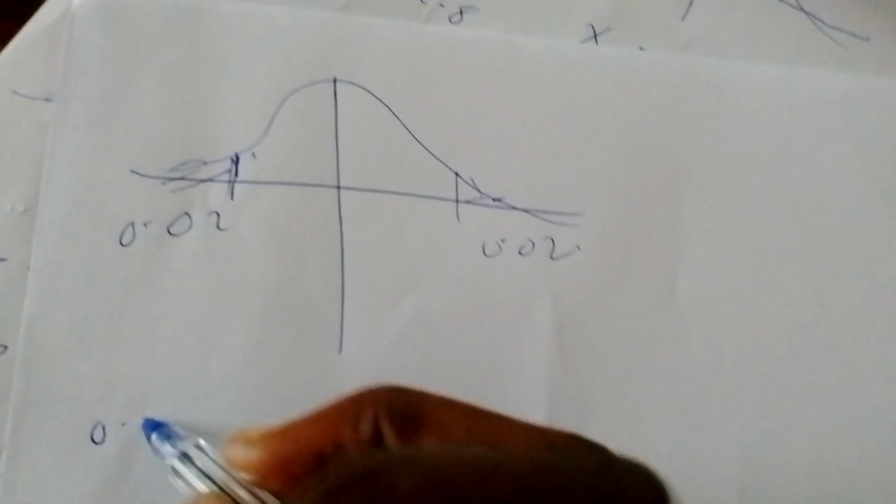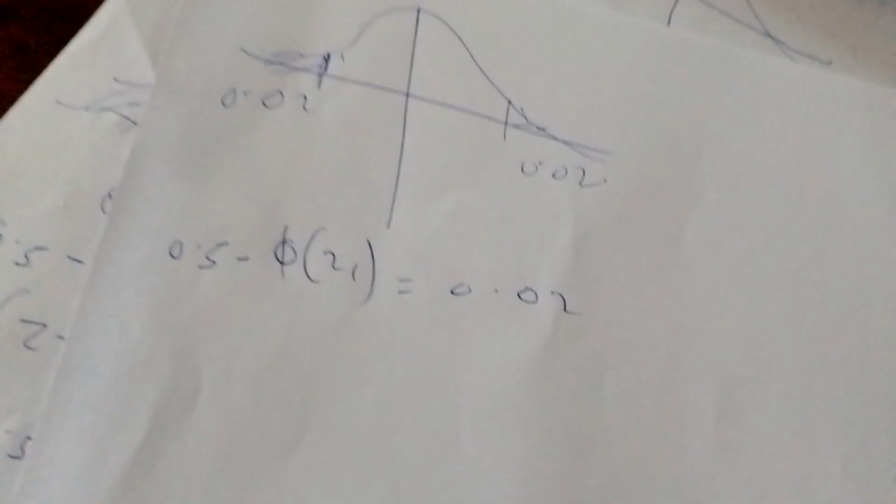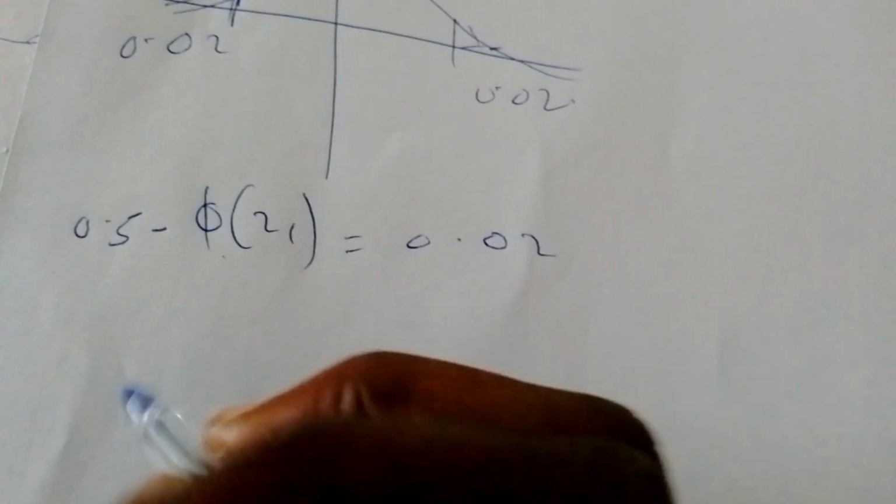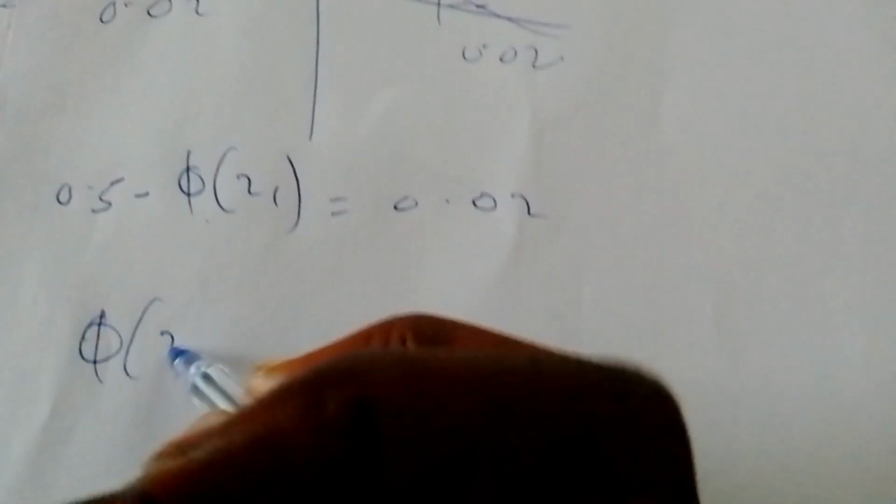That means 0.5 minus phi of our z1 would be 0.02. If you want, you can solve only this one. Solving this, your phi of z1 will be, bringing it to that side, 0.48.